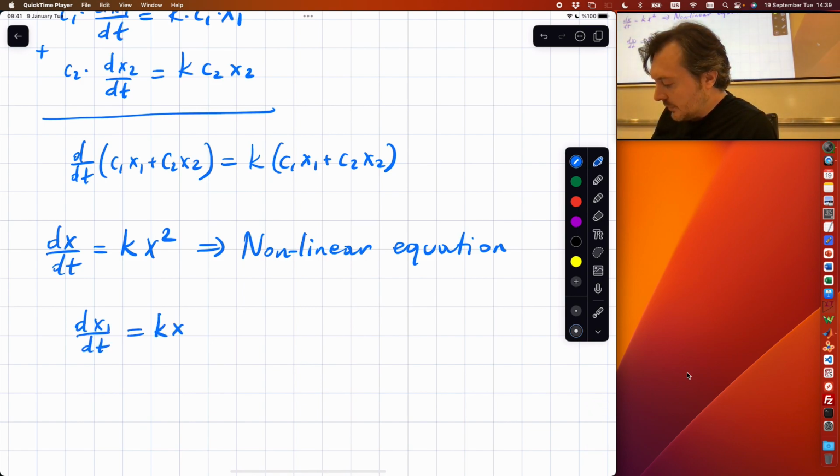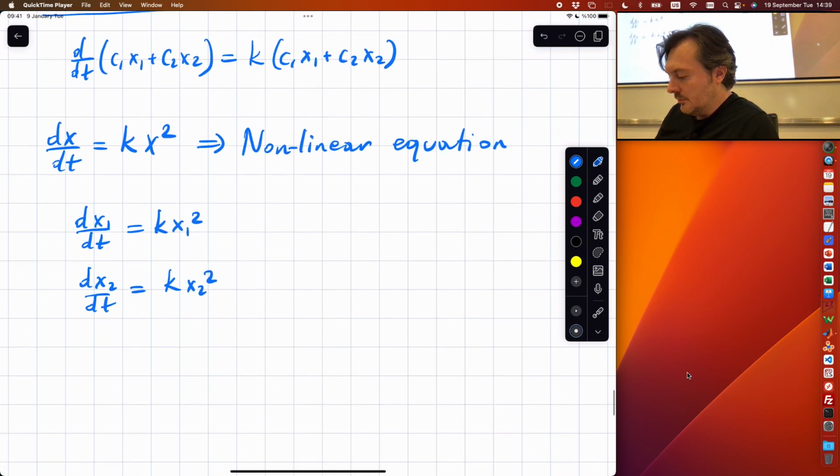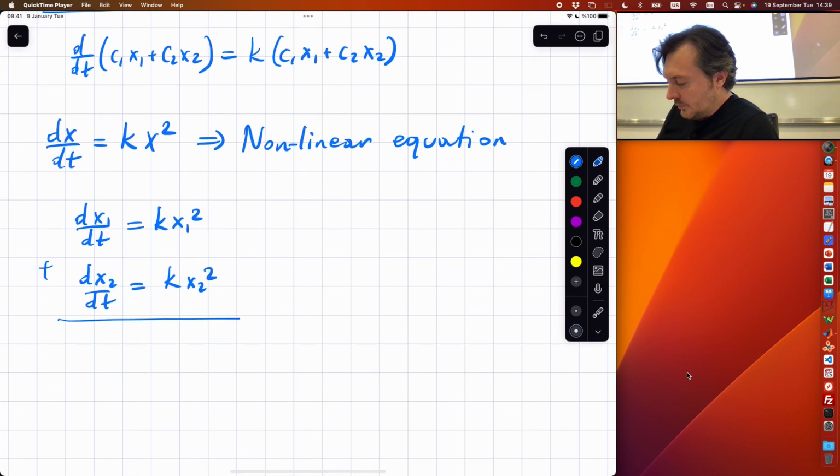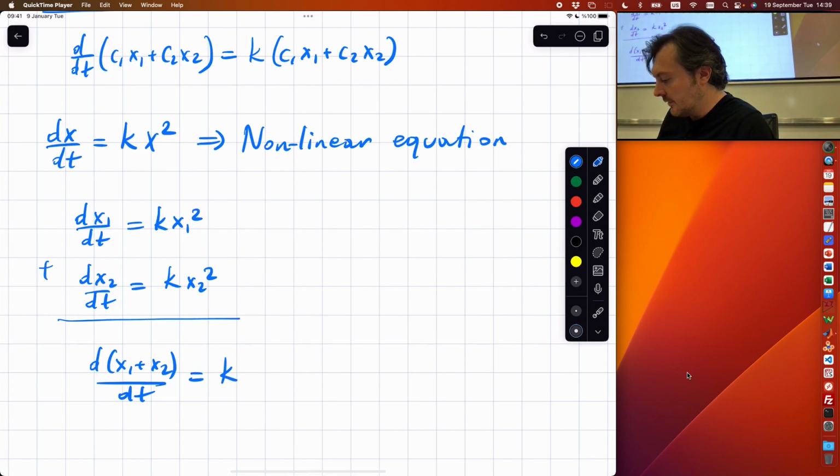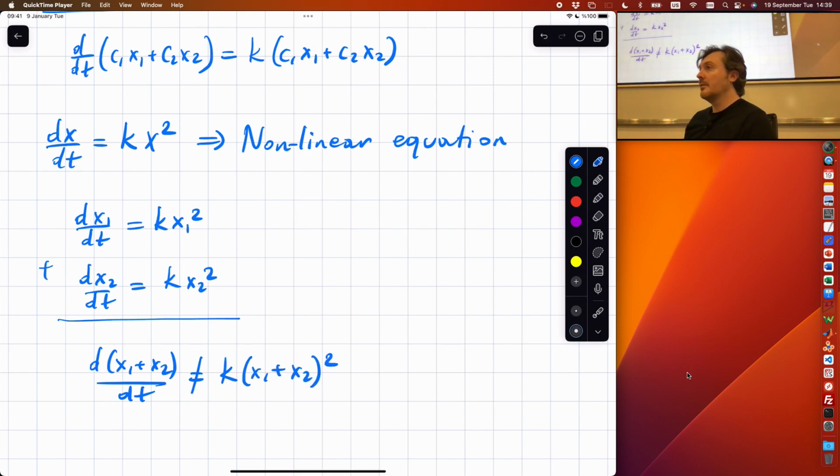Let's say there is one solution like this, there is another solution like that. When you sum them, you don't get this. Okay, left side is linear, but right side is not equal to x1 plus x2 squared. Do you see it? Does everyone see this? Yes?